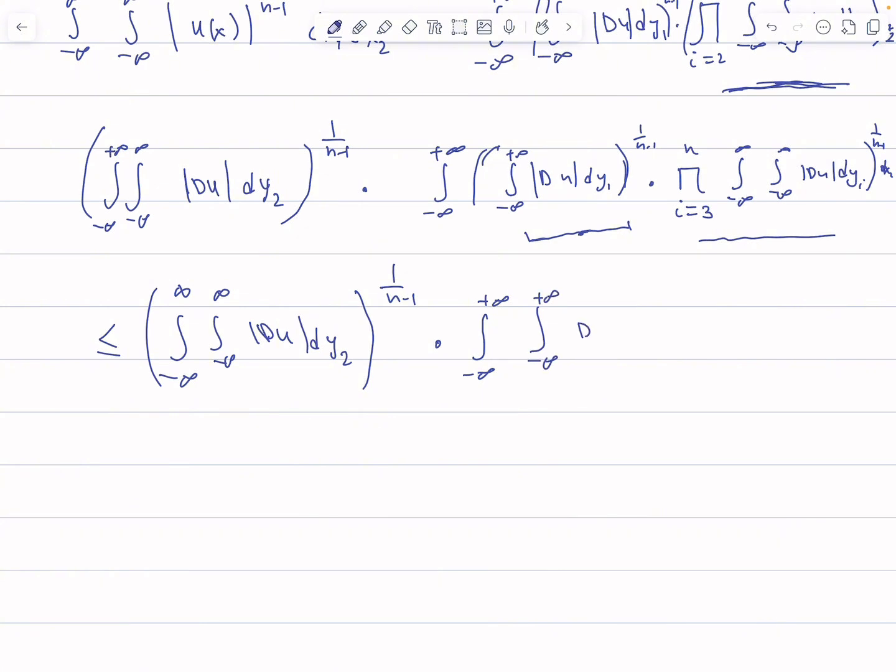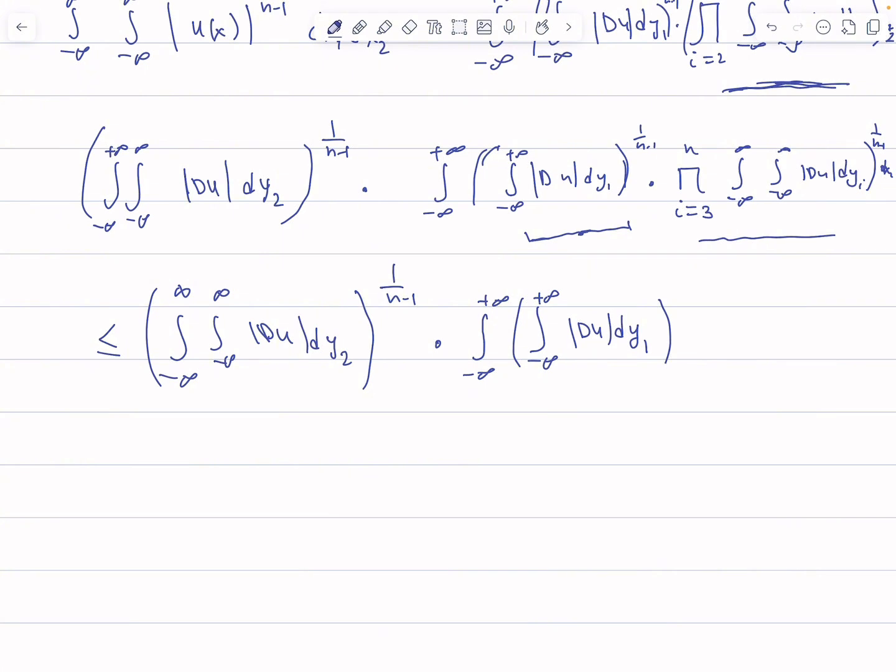For the first one, the integral du dy1, we don't have a power, because W1 is less or equal to W1 to the power n minus 1.